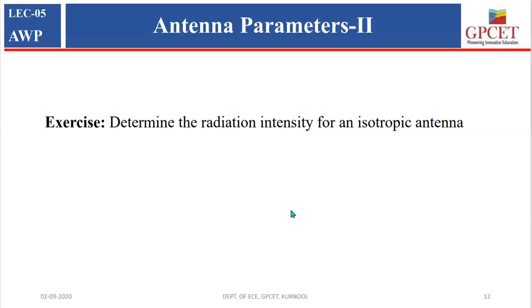We already know what is meant by isotropic antenna. An isotropic antenna radiates uniformly in all directions in the sphere. That means if you take any direction, the radiation will be the same. For 360 degrees, the radiation will be the same for an isotropic antenna. So you all must solve this problem. Tomorrow I will ask you.